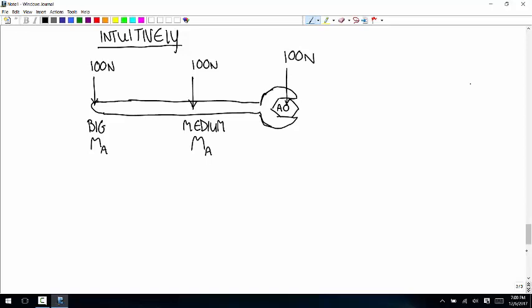But the next question is, what happens if those aren't perpendicular? What if the force vector isn't perpendicular to the line between P and A?